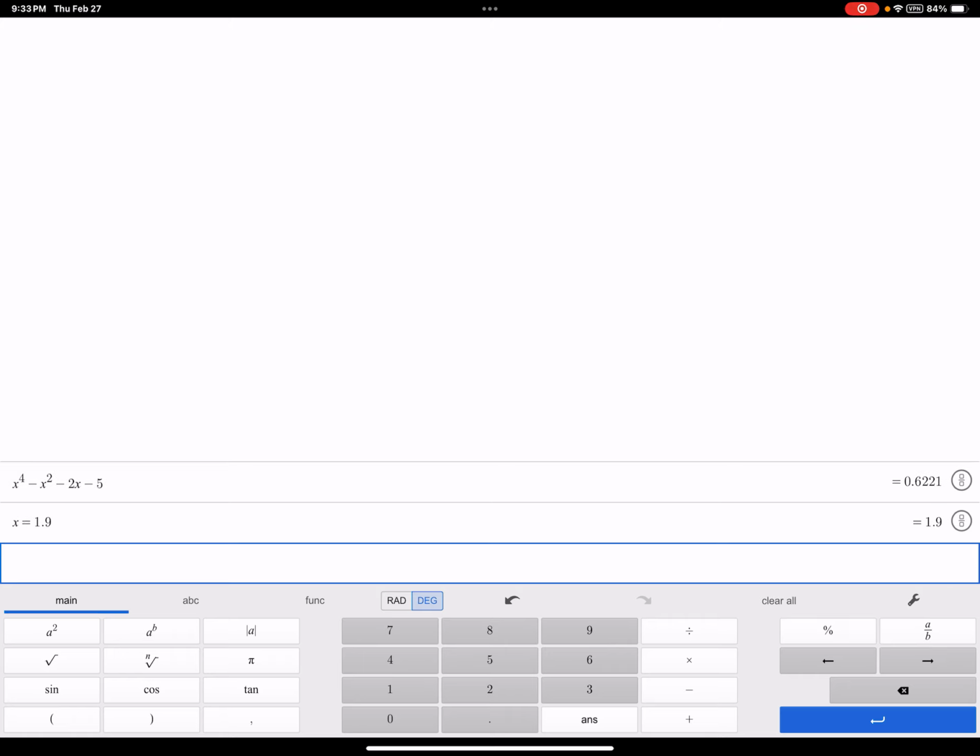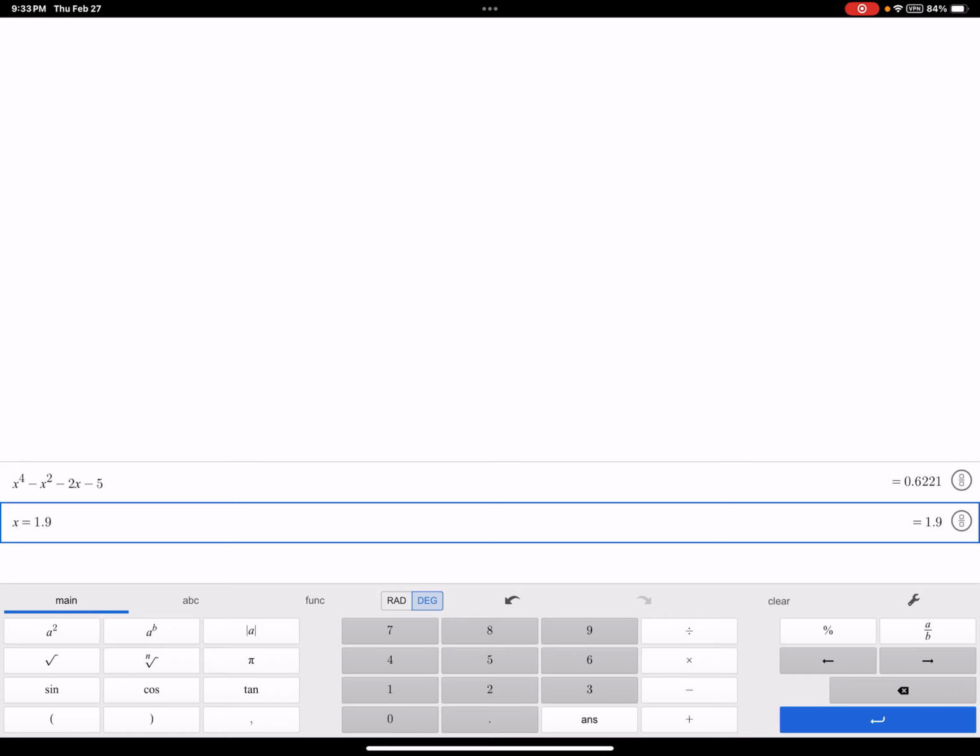Okay, let's do it like this. So 1.9, I'm at 0.62. At 1.8, negative. Okay, right there's a change right here. So 1.8 is negative, right? And 1.9 is positive. So that means the change, or the 0, occurs between 1.8 and 1.9.